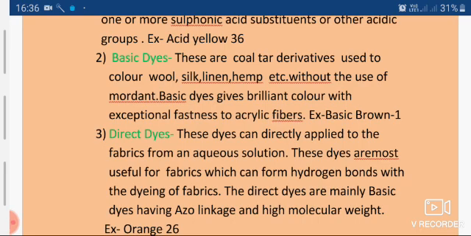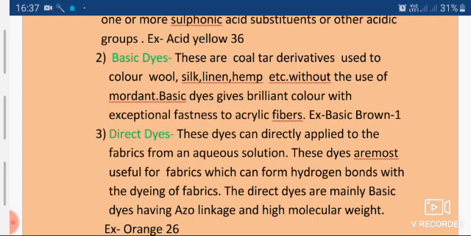So these dyes fasten to the cloth or any material without use of any mordant. It means there is no need of mordant. And these basic dyes give better or brilliant color with fastness to the acrylic fibers.